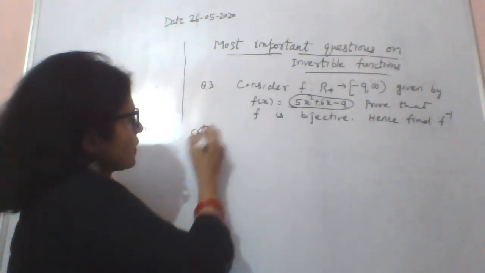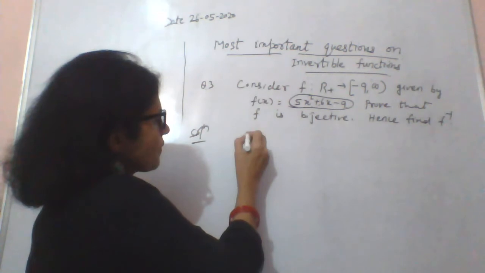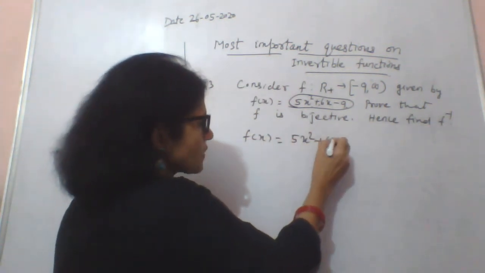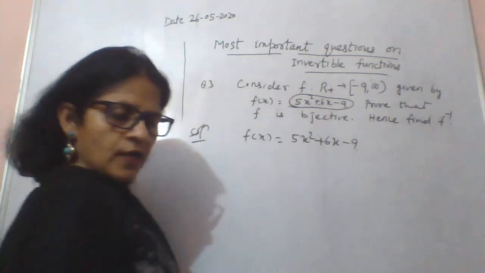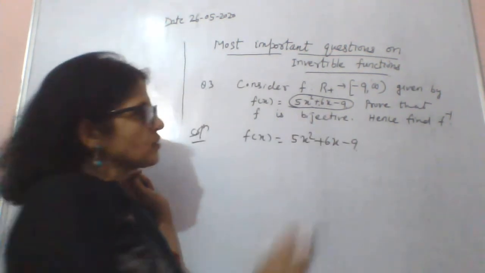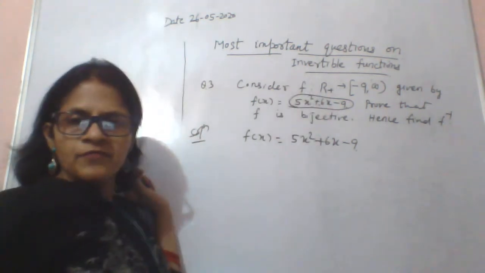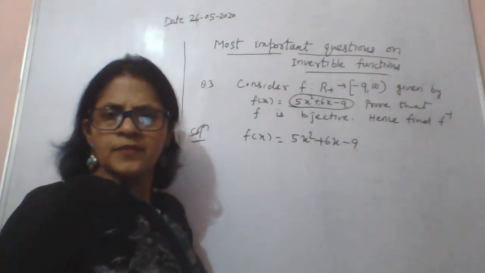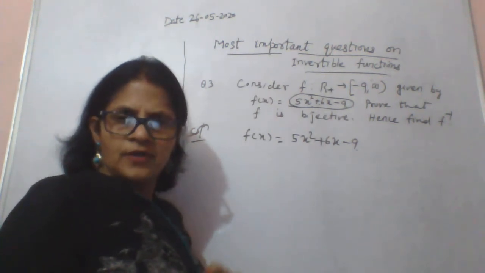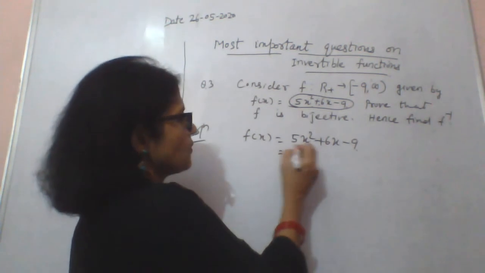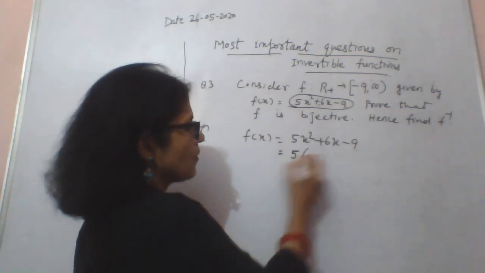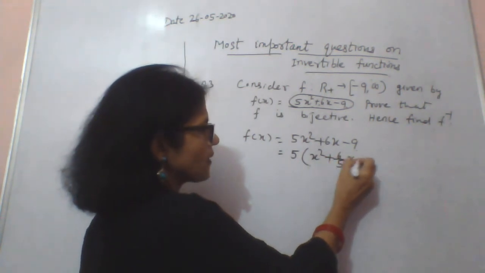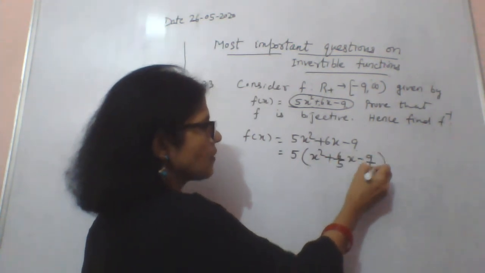Remember it is a quadratic expression you are given. So f x equal to 5x square plus 6x minus 9. What I am going to do here is try to make it a perfect square. So that is one method you can try. Sometimes in the quadratic case, it really becomes easier for us. So if I take 5 common, it means x square plus 6 by 5 x minus 9 by 5.